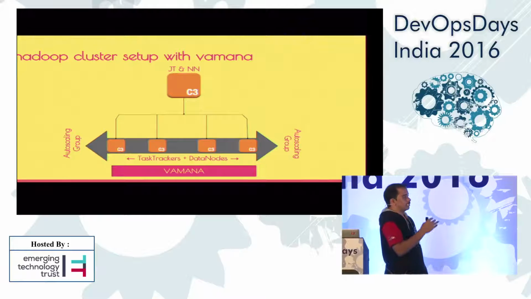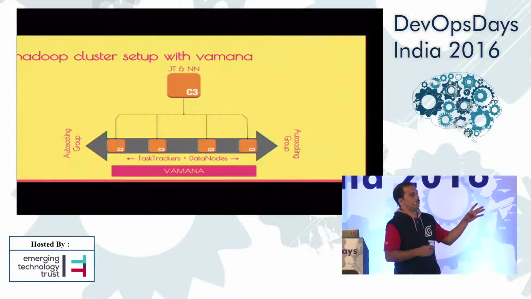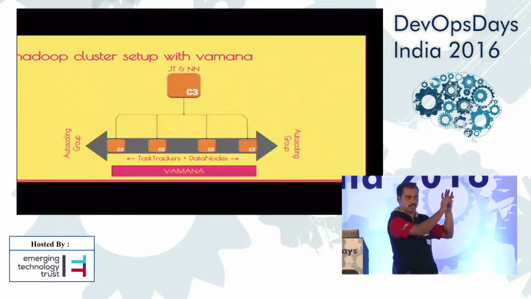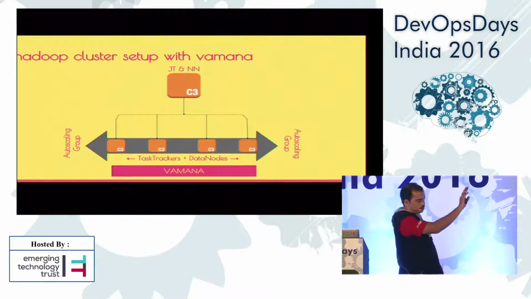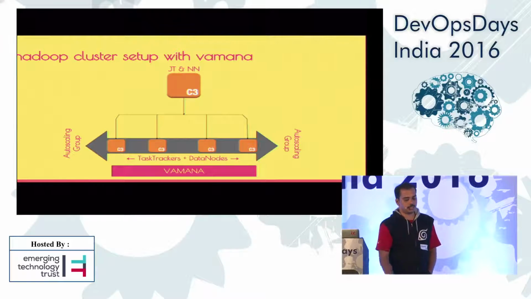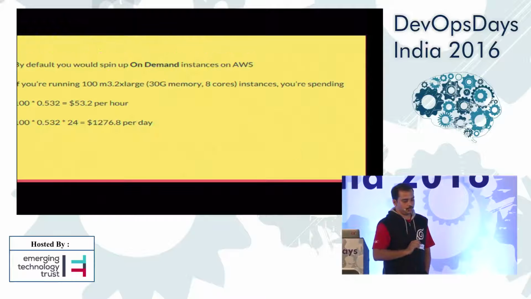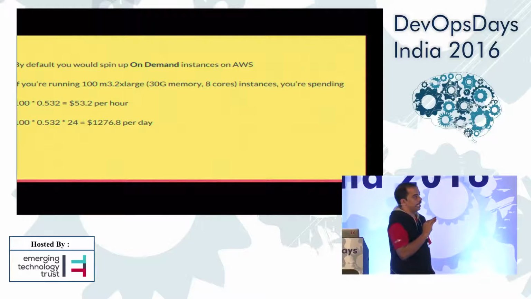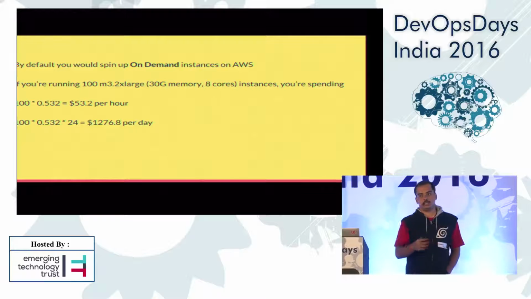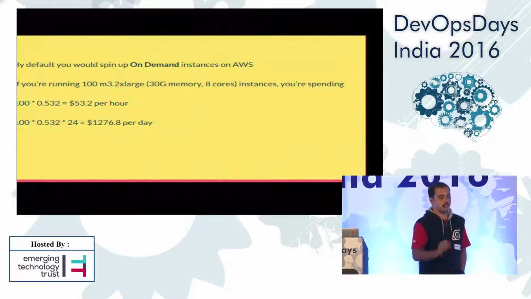So this is how our Hadoop setup was. That's the traditional setup that I showed before, with Vamana taking care of scaling up the autoscaling group based on demands and metrics. Now, the first problem is that any instance you spin up by default in an autoscaling group is an on-demand instance.